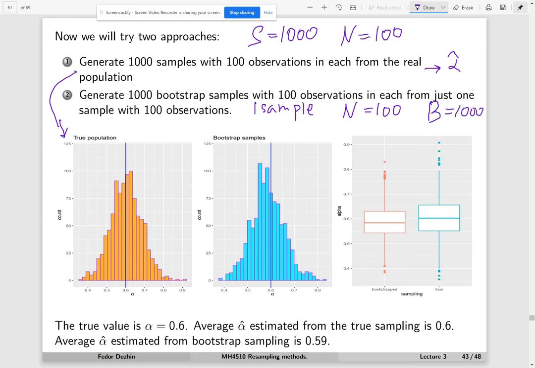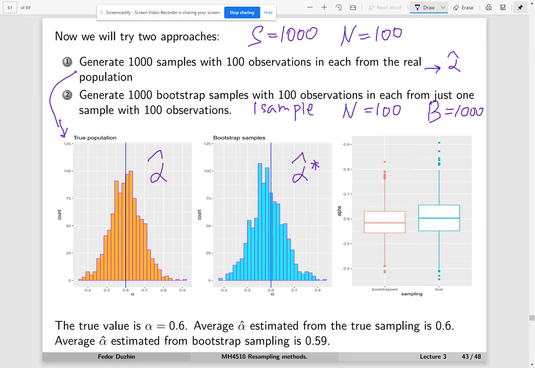Also 1,000 times, so that the 2 histograms could be compared directly. So the number of observations of alpha hat here and alpha hat star here, just to distinguish. Alpha hat comes from the true population, alpha hat star comes from the bootstrap population. So the number of observations of alpha hat or alpha hat star is the same.